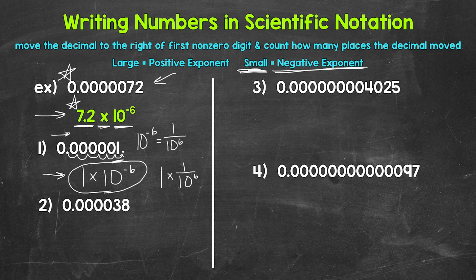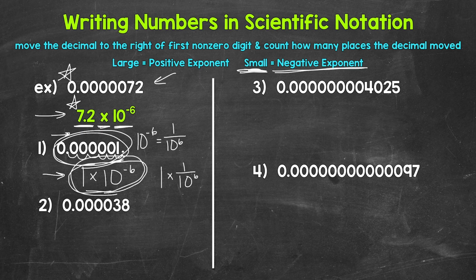Multiplying by 1 over 1 million is the same as dividing by 1 million. And that gives us our original decimal. So with small numbers, we use a negative exponent because that's going to give us those small numbers. Keep in mind, this is equal to this.